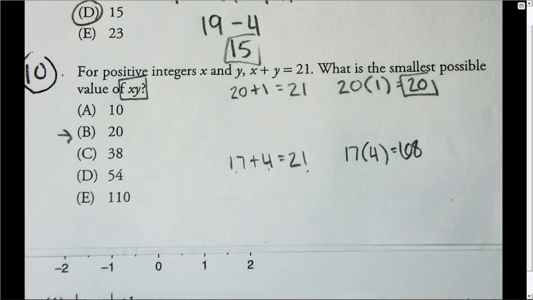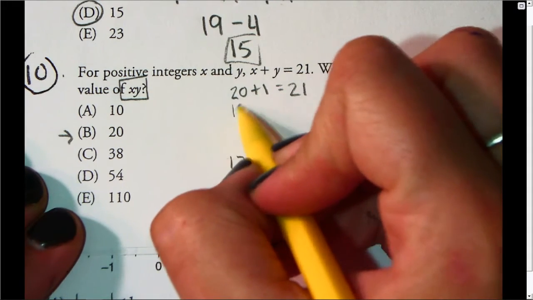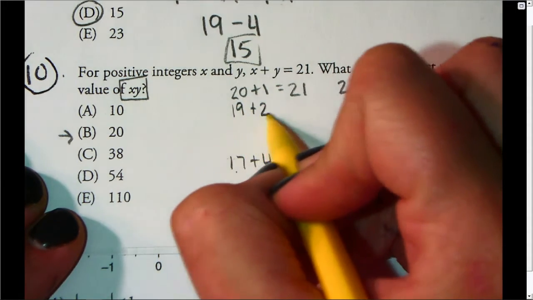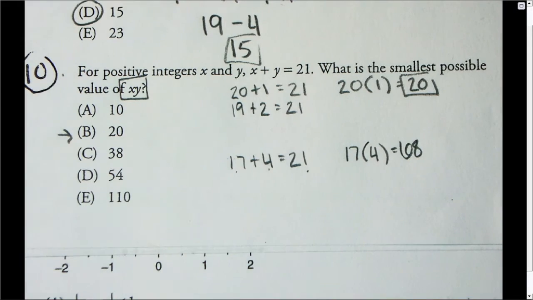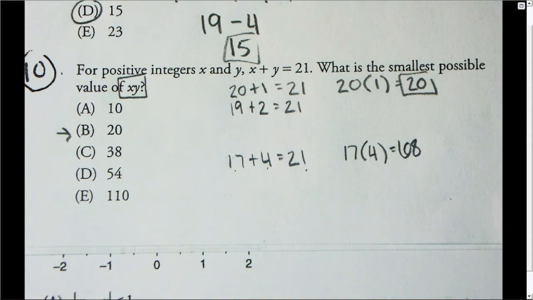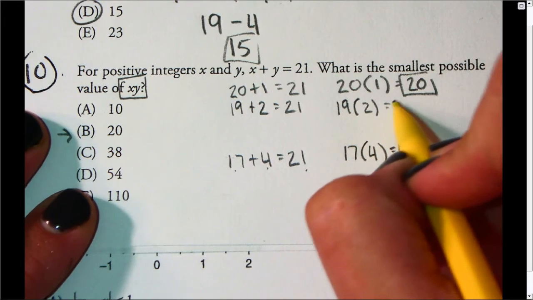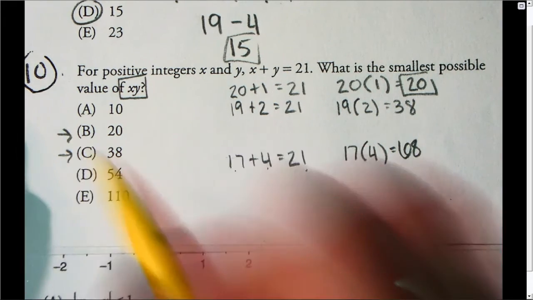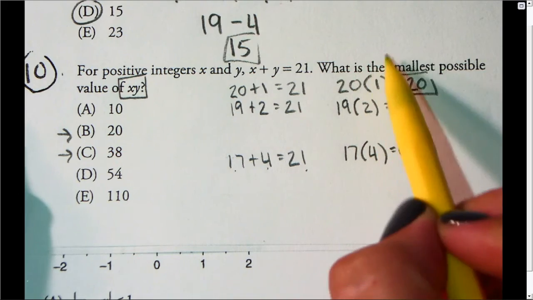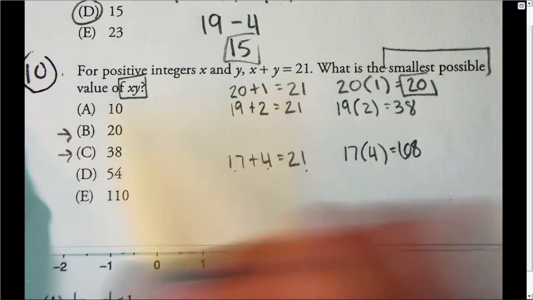But let's test it. Let's make sure that we're not thinking crazy here. What if I decrease x and increase y? Well, 19 plus 2 is still 21. And when I multiply 19 times 2, I get 38, which is also an answer choice. But I'm looking for the smallest possible value.